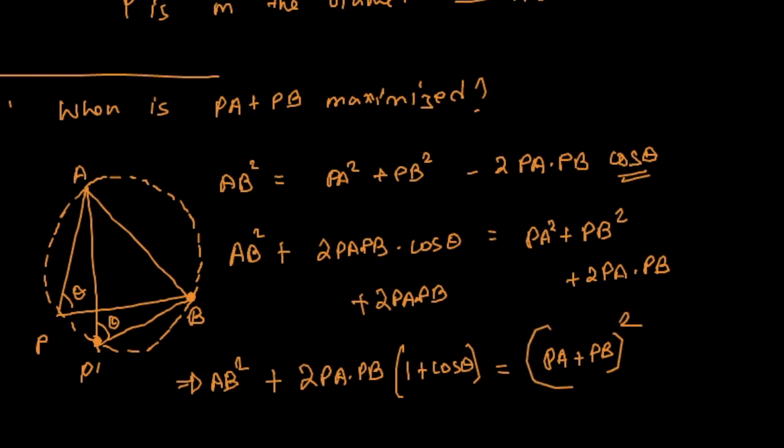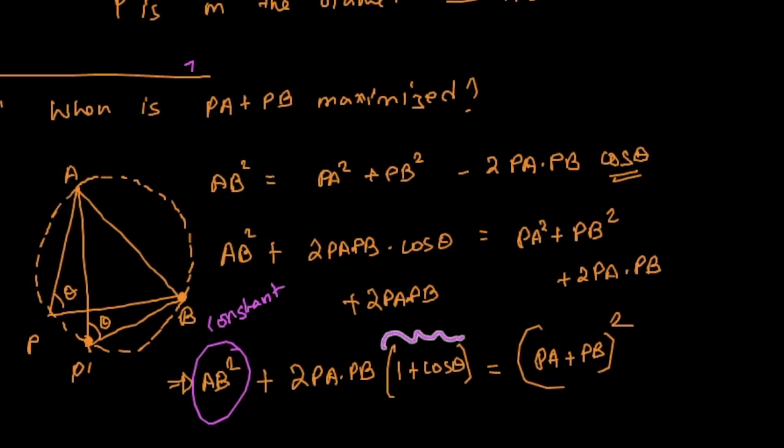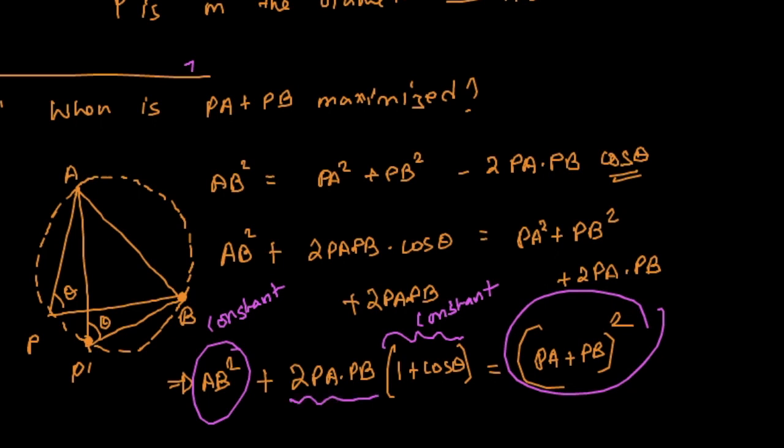Now notice that this part has several constant things. For example, AB square is constant. It does not matter where P is. AB is the given chord. Similarly, theta is constant, so this is constant again. So the only thing that will affect the value of the right hand side will be the value of PA times PB.